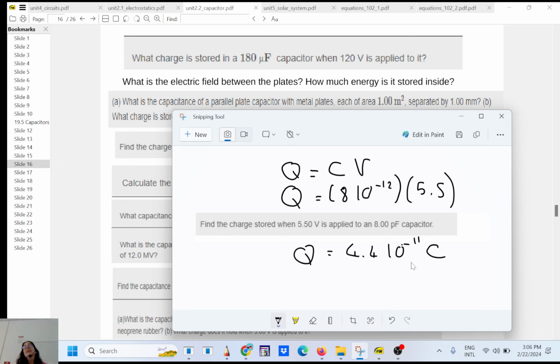In pico. So it means you divide by 10 to the negative 12. It's going to be 44 picocoulomb. Or you can say, if you divide by 10 here, you multiply by 10.